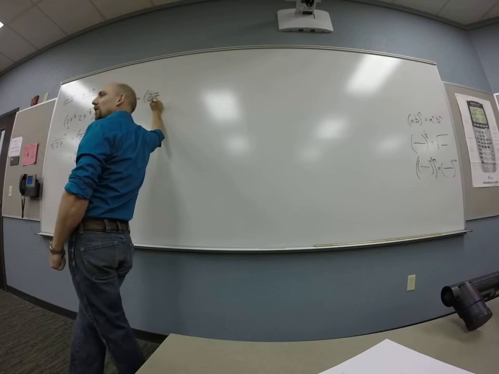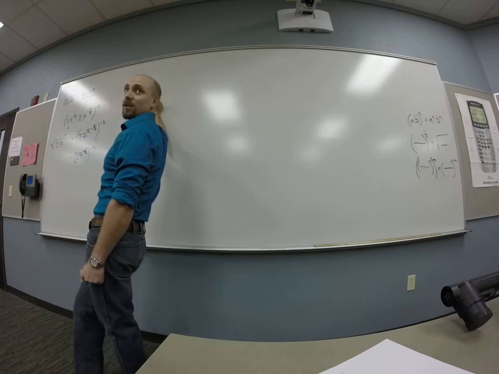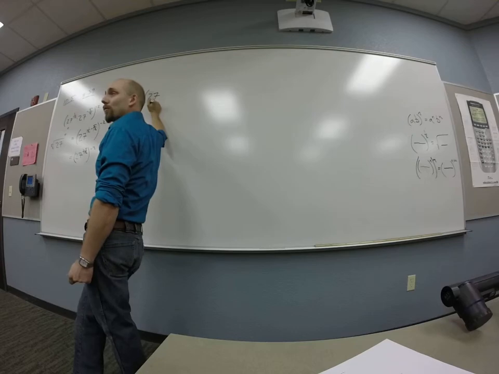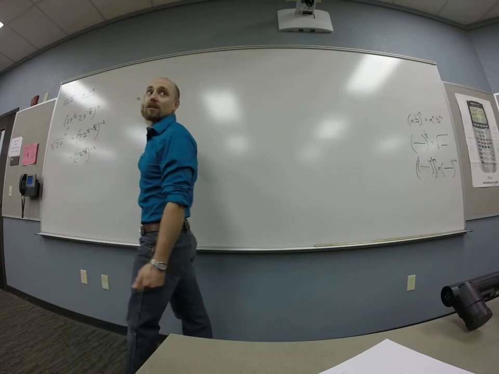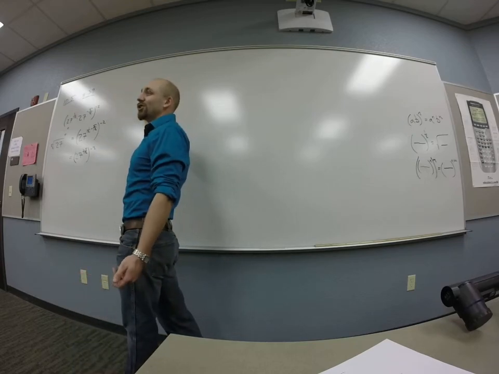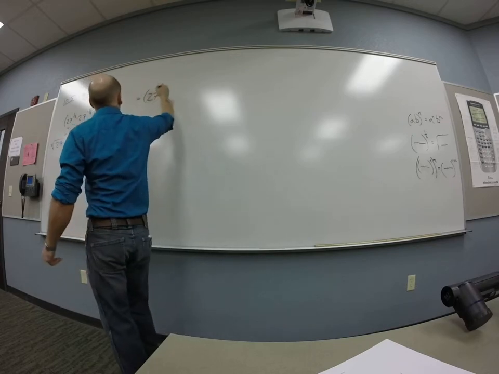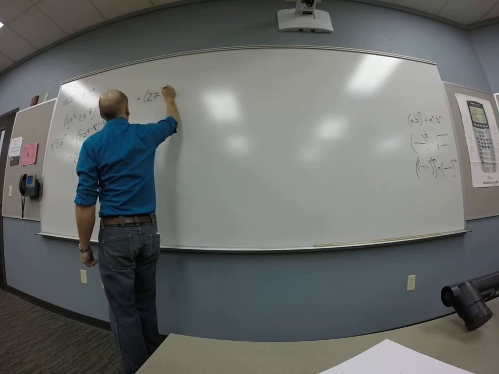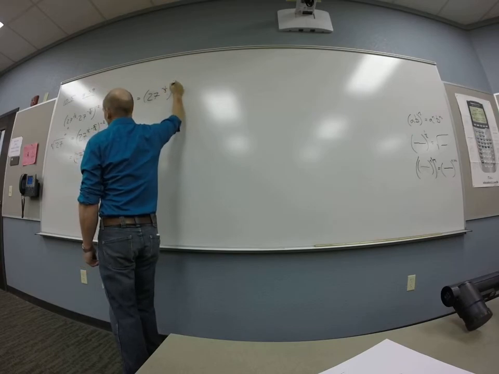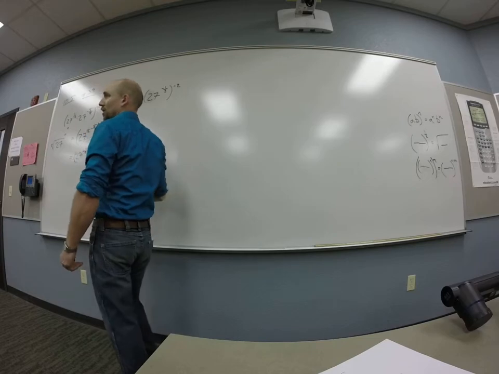I think that's probably a good strategy. This is a good thing to get used to. I should probably try to do order of operations as much as I can. Order of operations says I should do the stuff in the parentheses first. So I got minus 1 over 3, and then that to the minus 2.